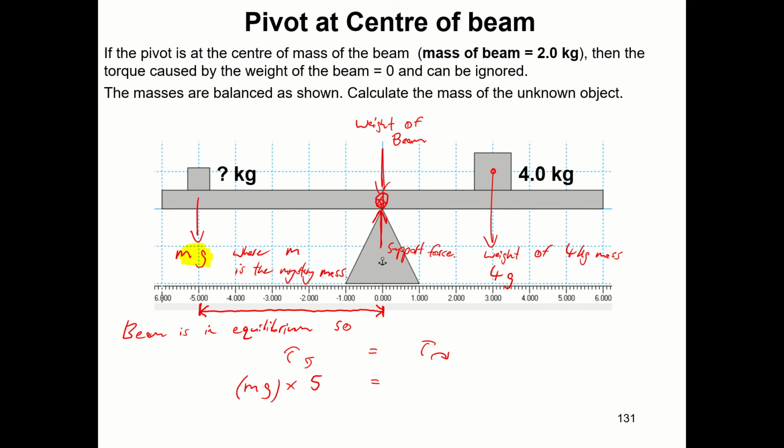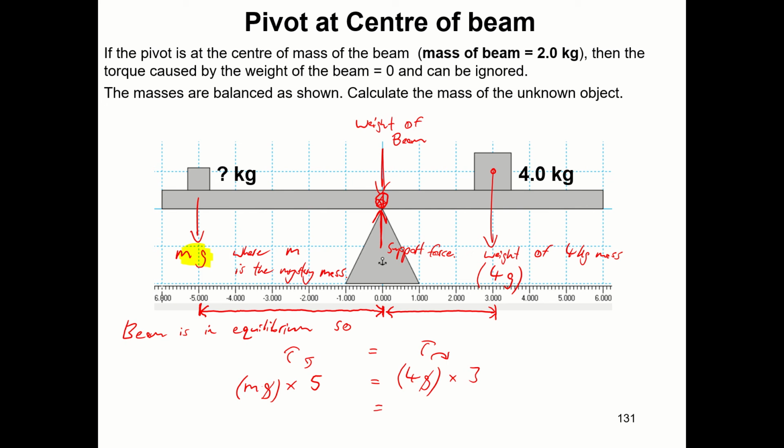And over here, I'm going to have the force, which was 4g, multiplied by that distance. And I'm going to count out the number of meters from my chosen pivot point. In this case, it's 3 meters. So the reason why I didn't bother calculating g is because I knew I'd be able to cancel it out.